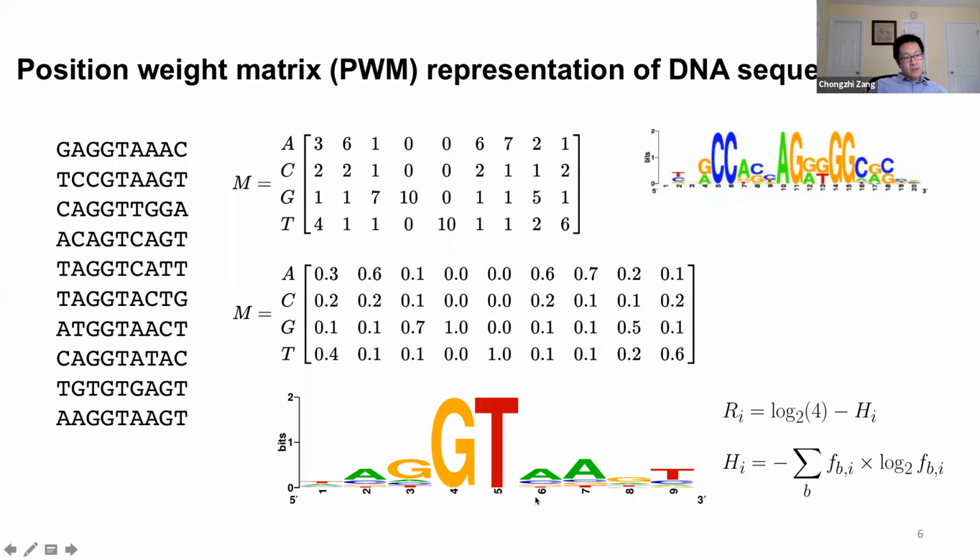Which means that the more likely one specific nucleotide is present at a specific location, the more information content we have from this position weight matrix. That will give a total height of this sequence logo. So that's how we generate this sequence logo.